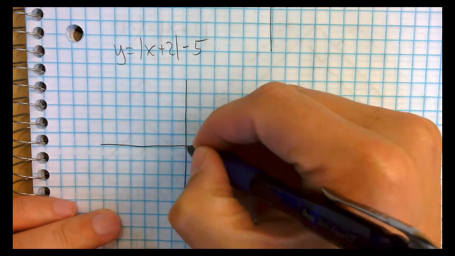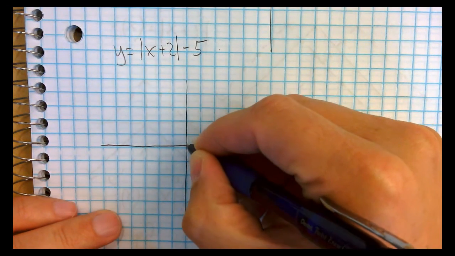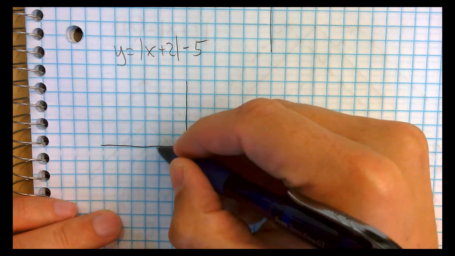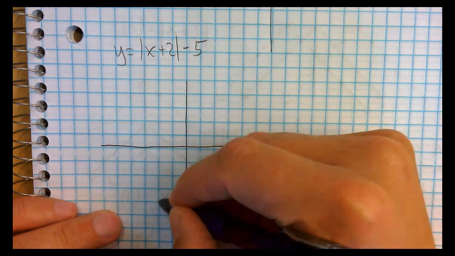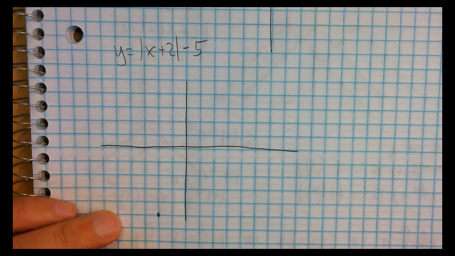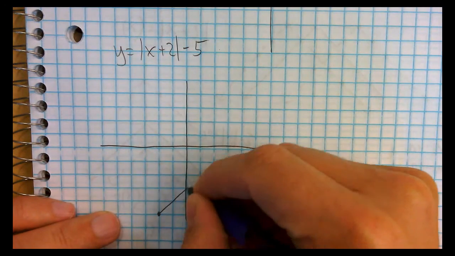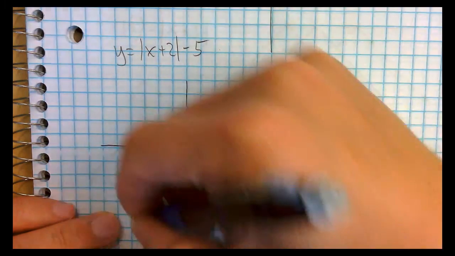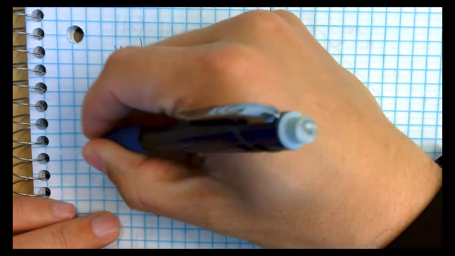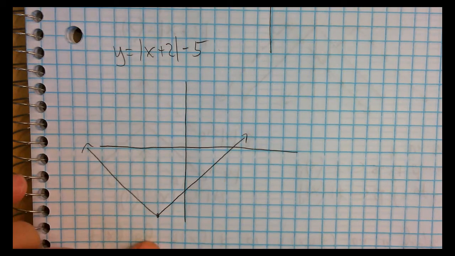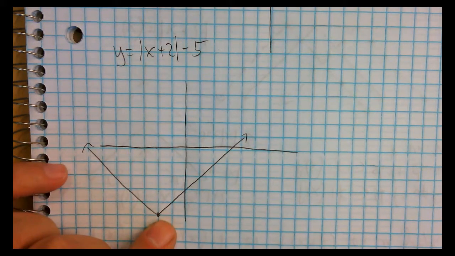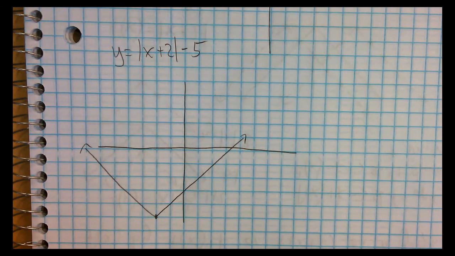So if I take the starting point of a normal absolute value graph and shift it 2 to the left and down 5, now I'm just going to start it there instead of at 0, 0. And then it just goes up like that, and up like that. So I can graph that without having to plug in points, do a T-chart to get my coordinates, and then graph a bunch of dots. I can graph these very quickly once I get the gist of this.